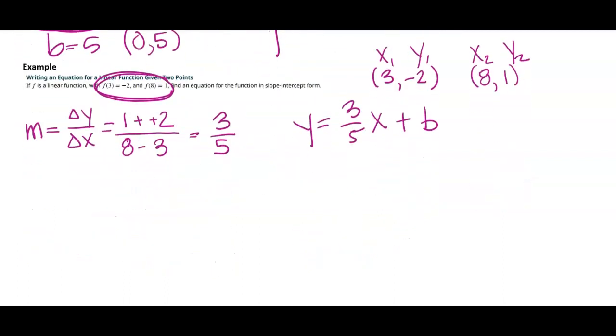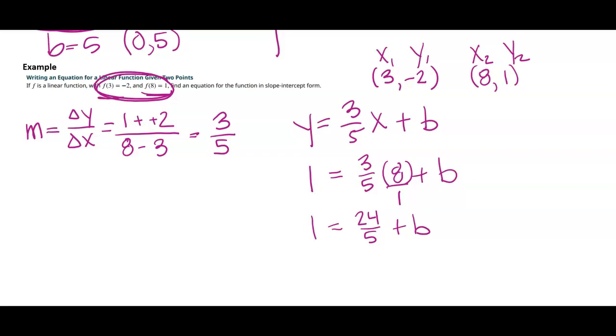The question is, how do I solve this for b? Well, I could plug in either one of these 2 points that are given and then just solve for b. So I'm going to choose this one. 8 is the same as 8 over 1. So I'm going to change this to 24/5 plus b. And then I'm going to subtract 24/5 on both sides.